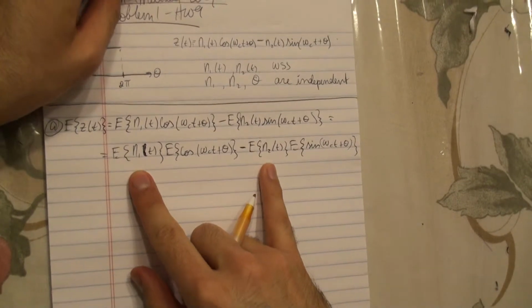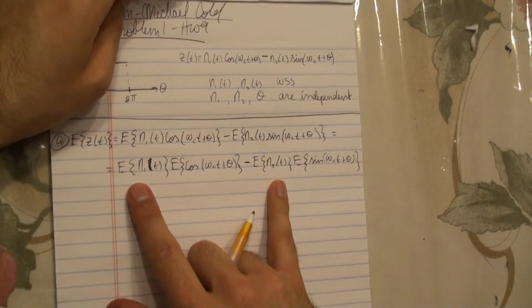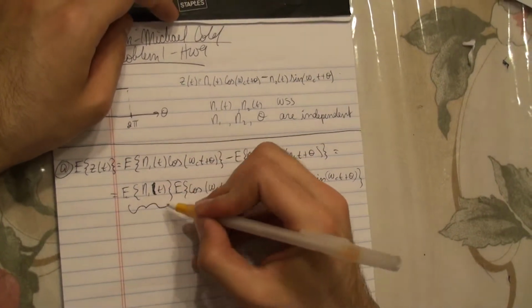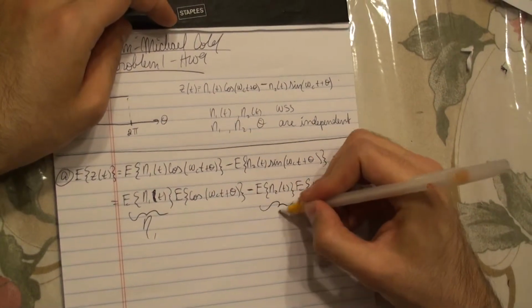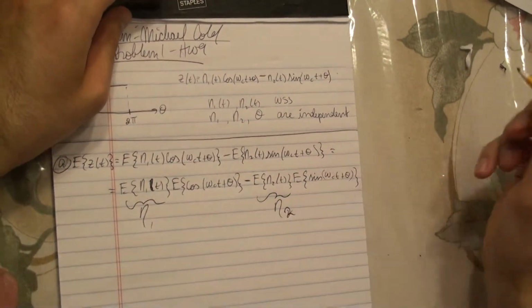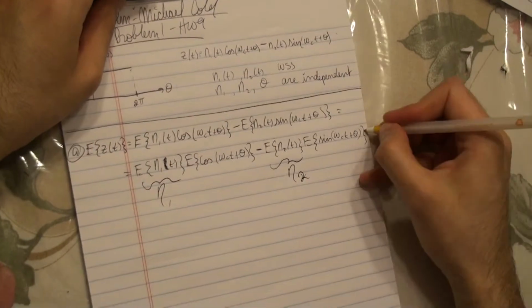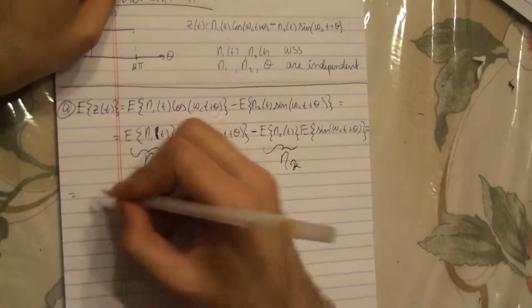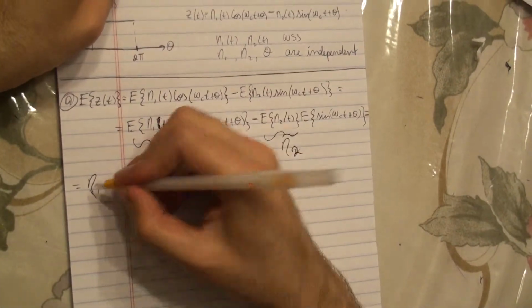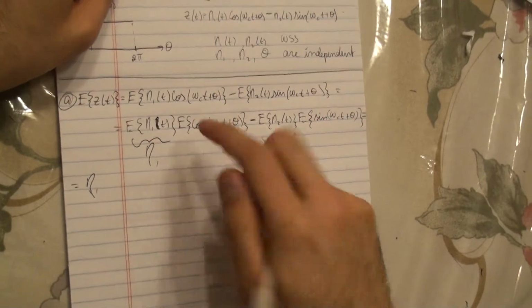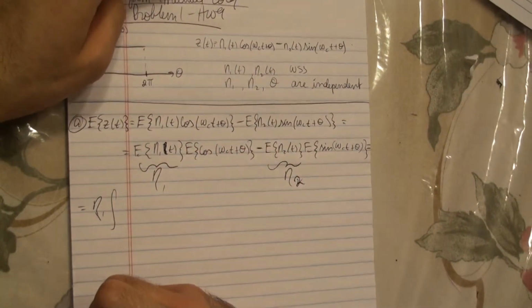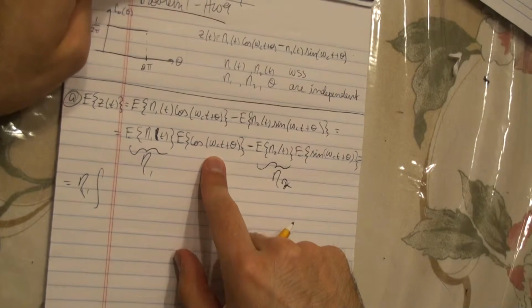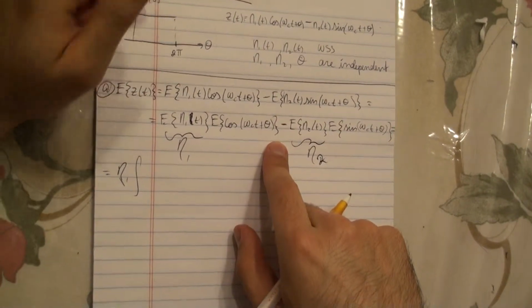These guys, because they're wide sense stationary, are constant. So I'm going to call this guy eta 1. I'll call that eta 2. So we can write eta 1 times this. Well, what's this? This is the integral of this guy, d theta, times probability density function of theta, which is just 1 over 2 pi.